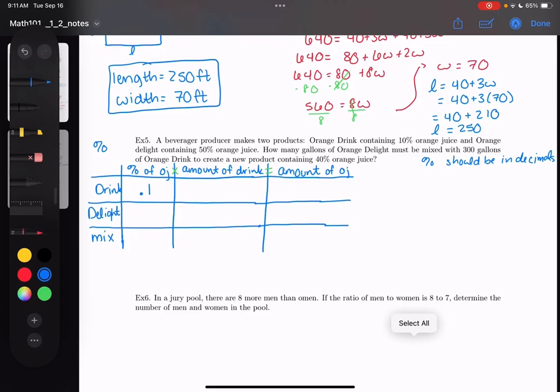In the delight it is 50%, so that's 0.5. In the orange drink it is 40%, so that's 0.4.